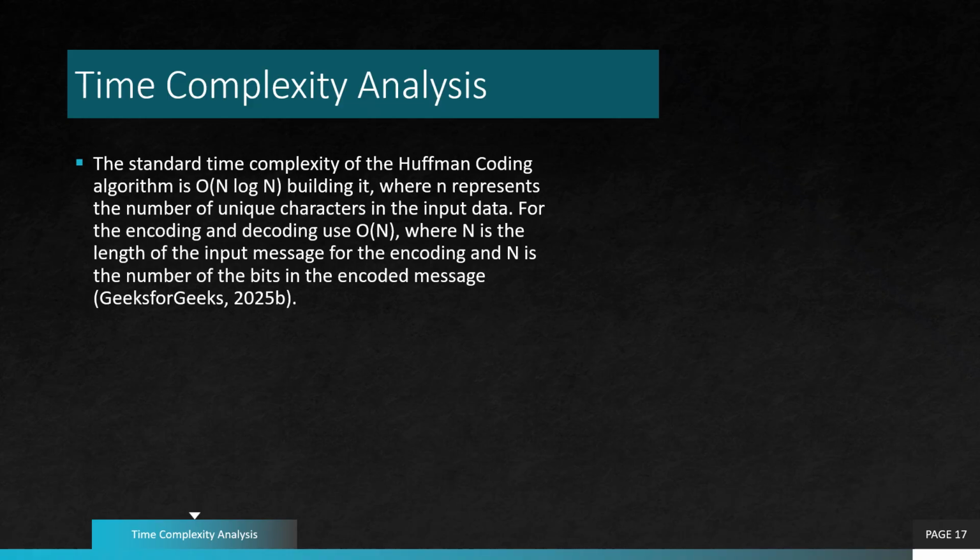The standard time complexity of the Huffman coding algorithm is big O n log n when building it, where n represents the number of unique characters in the input data. For the encoding and decoding, just use big O n, where n is the length of the input message for the encoding and n is the number of bits when it's in the encoded message.